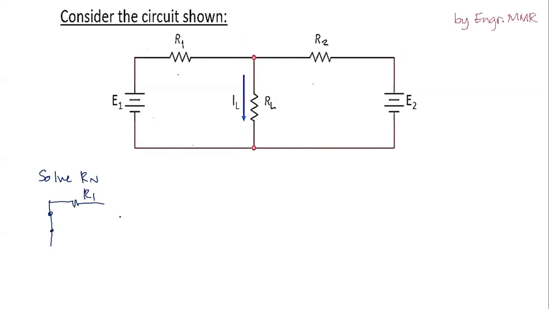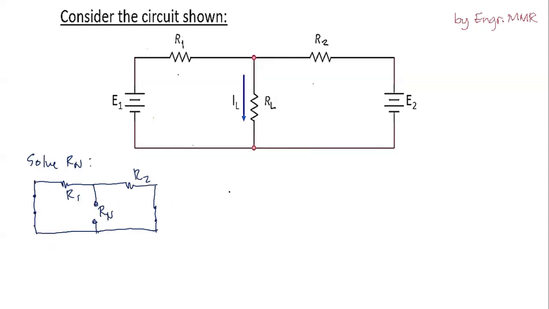And we have here the R1. We disconnect the load RL and leave the terminals open. Then we have R2, and E2 is replaced by a short circuit to set E2 to 0, and then at the open-circuited terminals we can solve the RN.